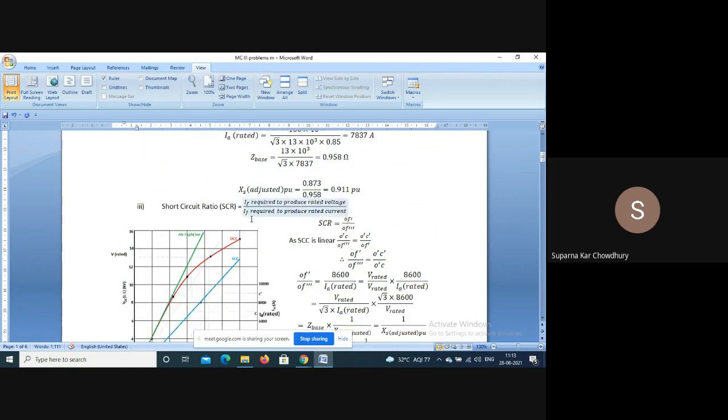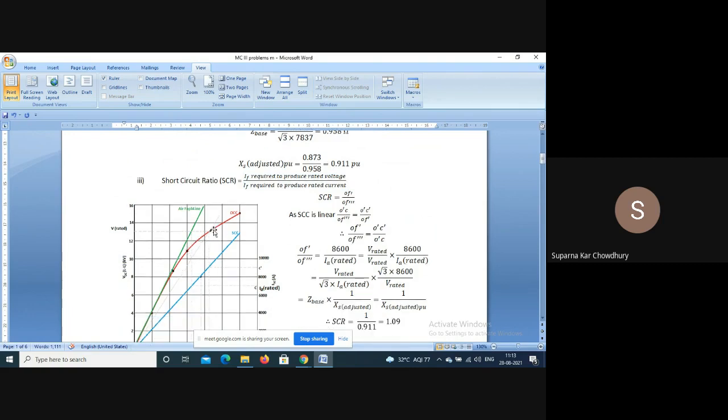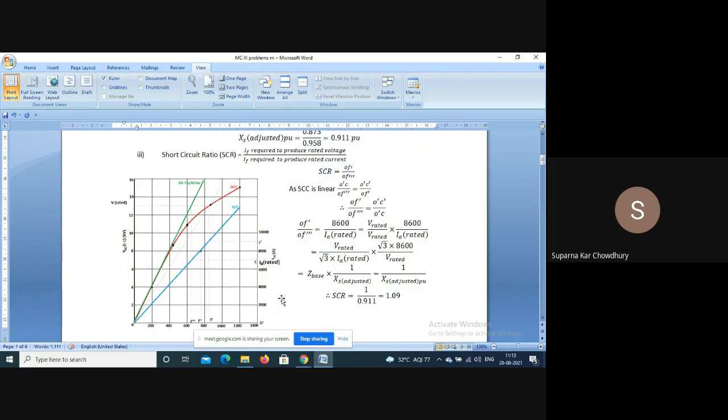Now next one is the short circuit ratio. Obviously from the curves as given, the IF for producing rated voltage and the IF for producing rated current can be found out directly from the curve, and the ratio can be taken. Otherwise this relationship can be used. The short circuit characteristic is linear.